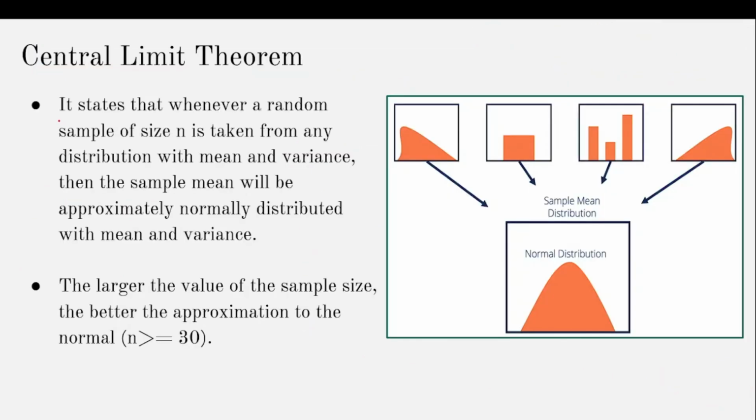As we saw, the central limit theorem specifies that whenever a random sample of size n is taken from any distribution with mean and variance, the sample mean will be approximately normally distributed with mean and variance.